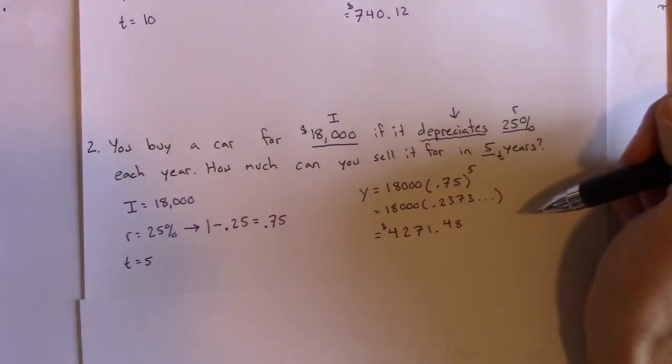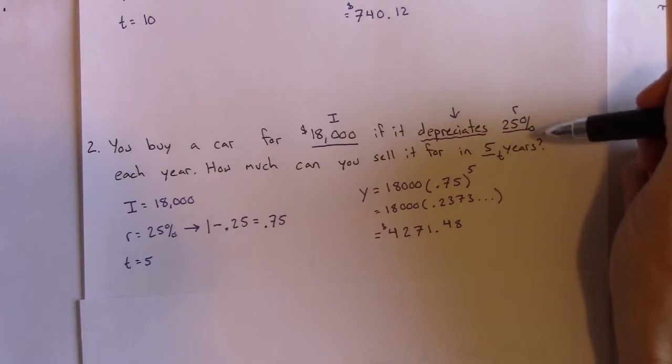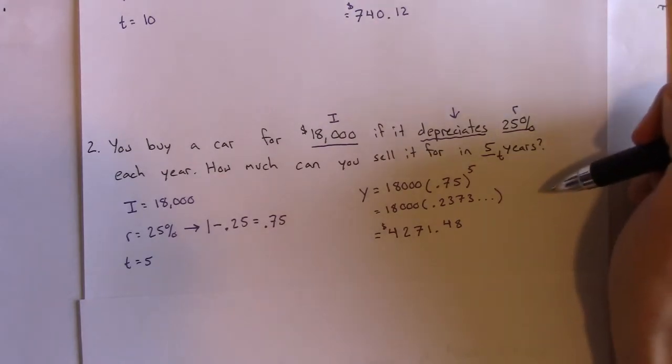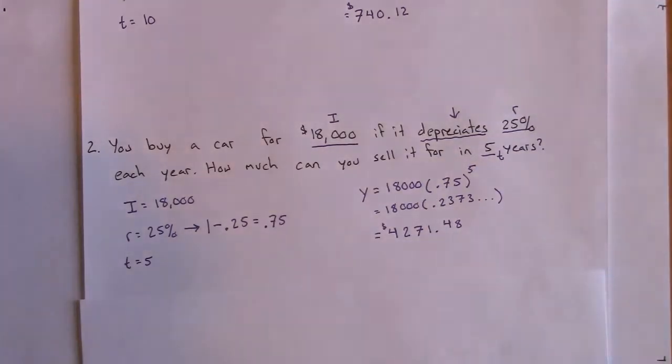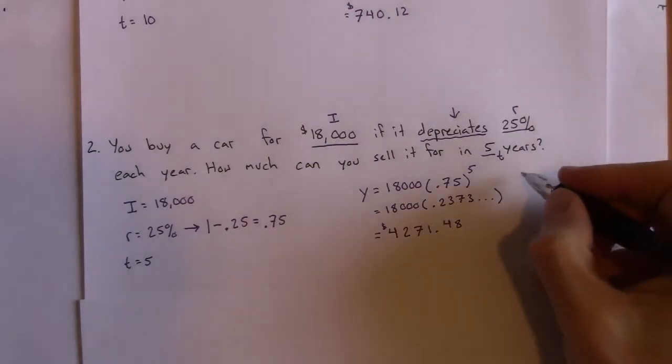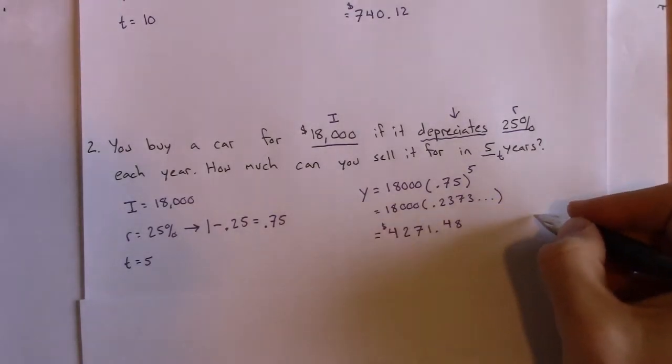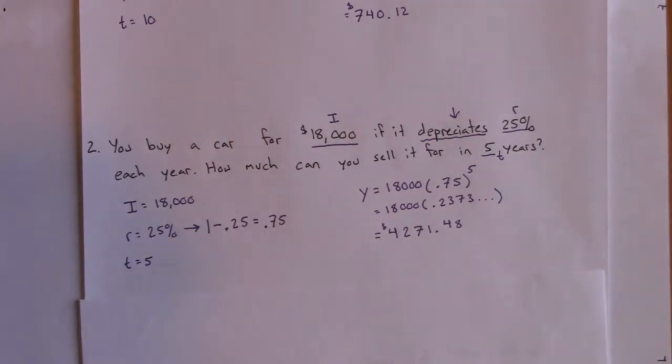Well, the second year, I'm taking away 25% of my new price. So it's not going to be the same amount that I'm subtracting each year, because I'm taking 25% of its current value. So it takes a big chunk that first year, and then it's going to start to level out as years go on.